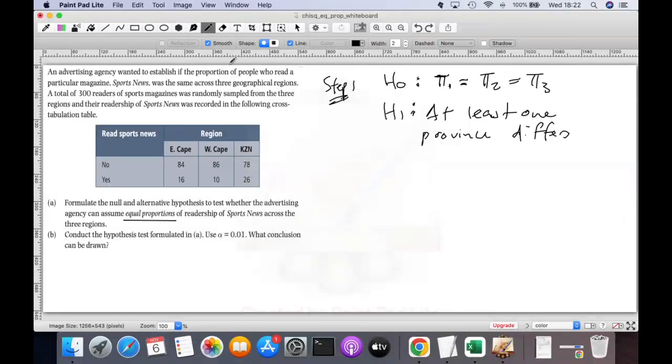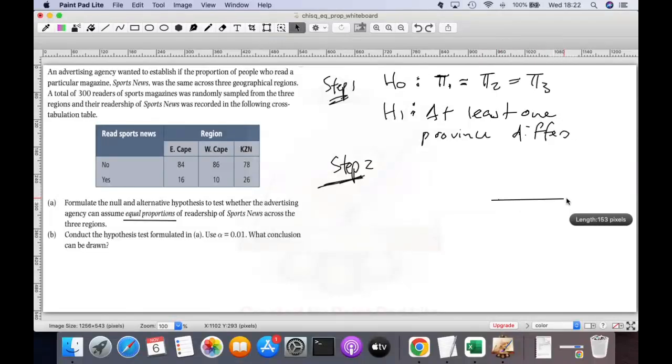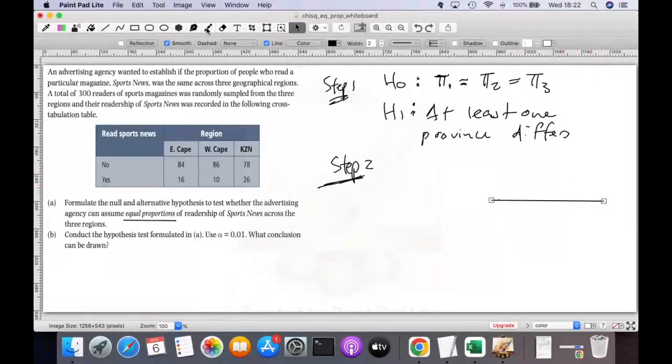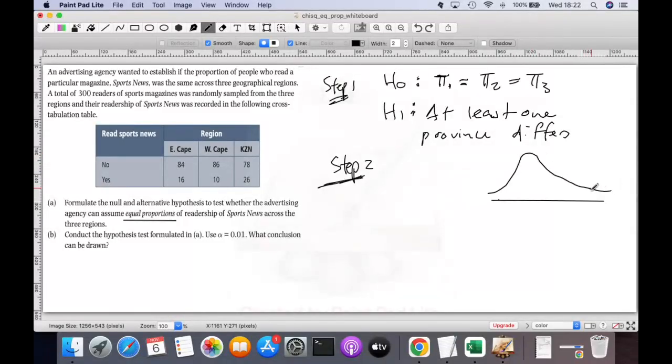All right. So for step 2, you need to find the critical region, right? The region where you reject your null hypothesis. And that critical value, I'll just draw it. Maybe it would be better if I do the sketch. So here's your axis. Okay.